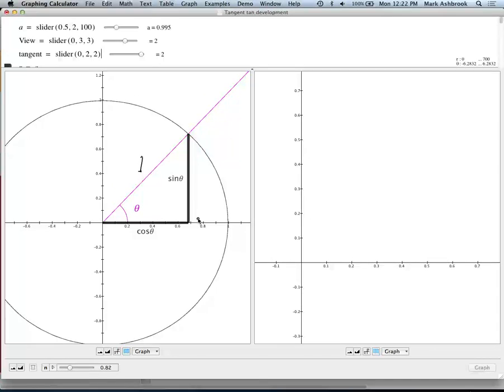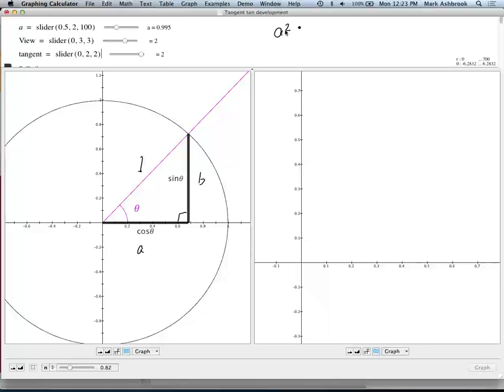Okay, so we should be able to easily write an equation that brings together 1, cosine theta, and sine theta. What would that be, and where would that come from? We have a right triangle, and our two legs form the right angle, and the hypotenuse is 1.